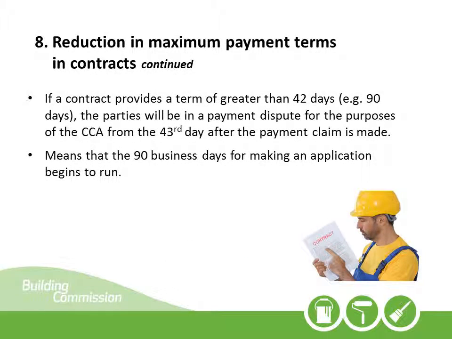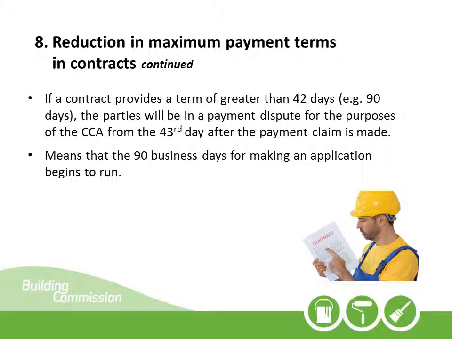If a construction contract entered into after 3 April 2017 provides for a payment term greater than 42 days, for example 90 or 60 days, then for the purposes of the CCA, the parties to the contract would be in a payment dispute on the 43rd day from when the payment claim is made and not paid.